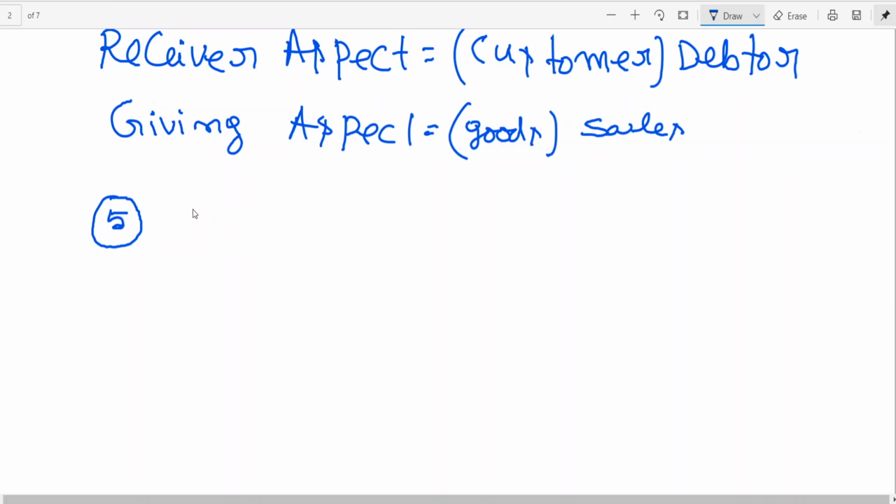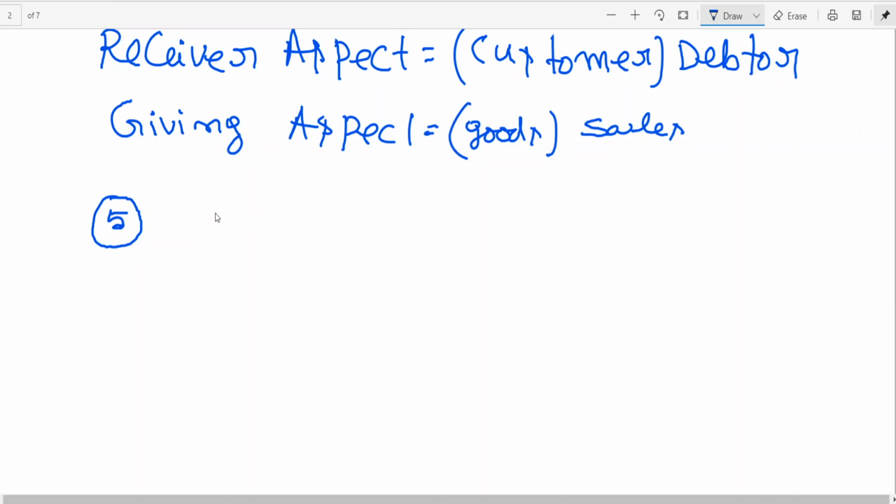Before I explain the two terms again, I'm holding it for a while. I want to tell you a few more things here. Let me give an example. We have seen, took a loan, no?